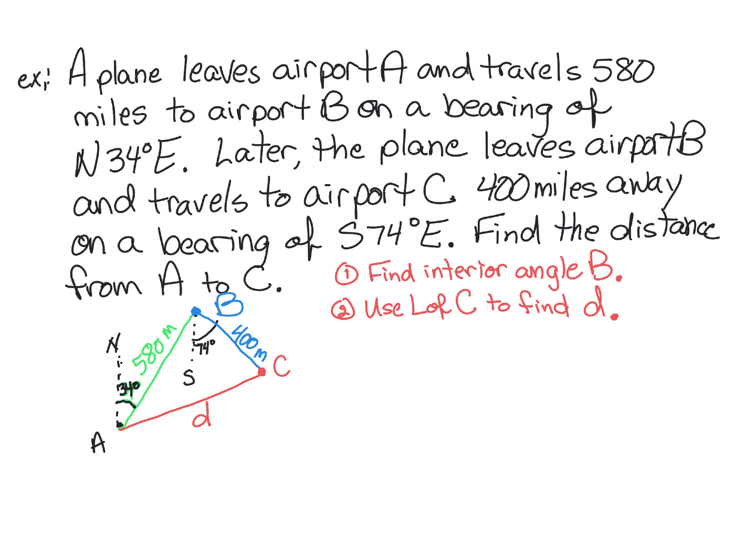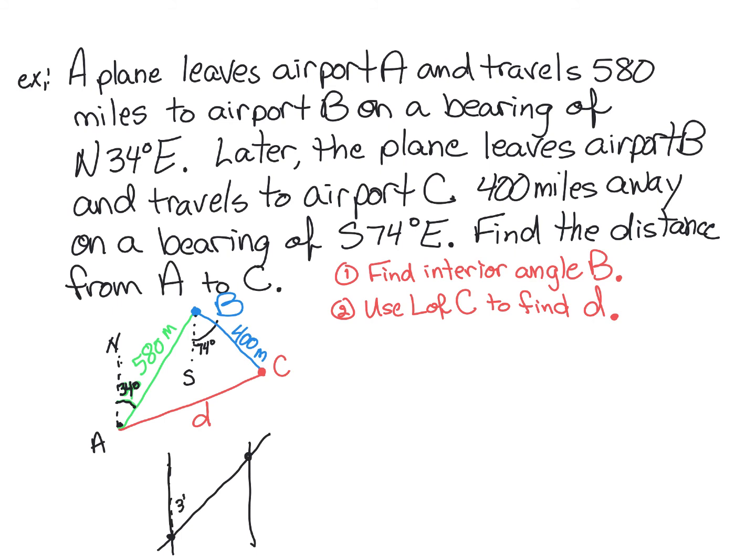But let's look at this. This is the north-south line with airport A here, okay? And this is the north-south line with airport B. We have this line right here.